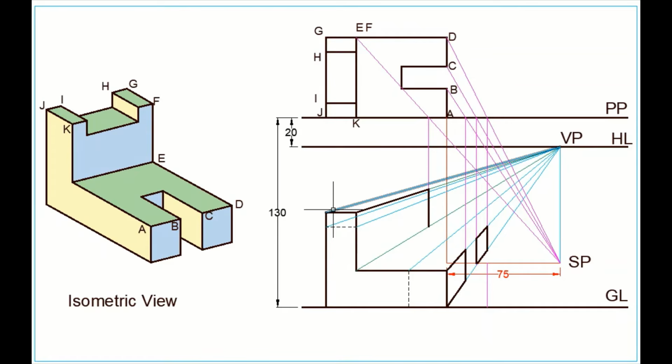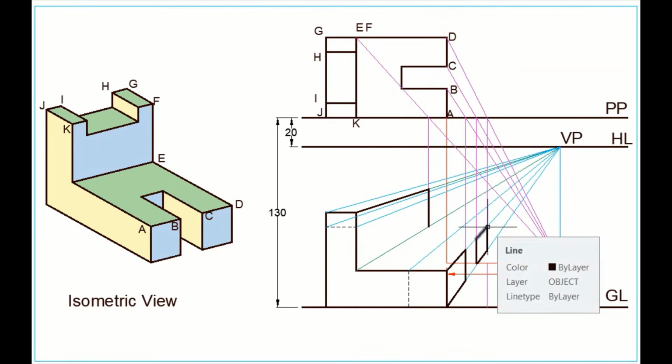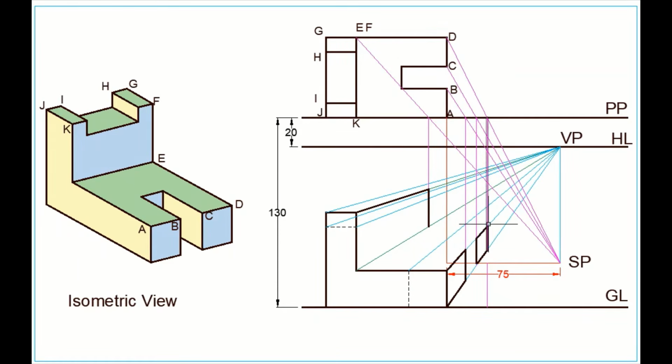Only converging edges are along this direction, that is depth direction. So even if you get point D here, you can simply draw a horizontal line and let it meet on this ray. So this point E can be directly obtained. So this is just an alternate way of getting point E. So this is a horizontal line, so that is a check. So it means we are doing it correctly.